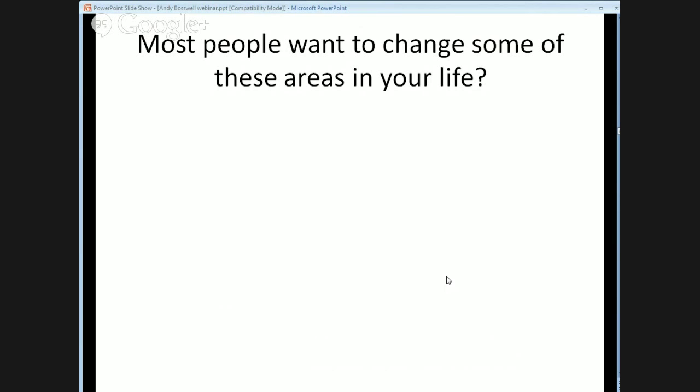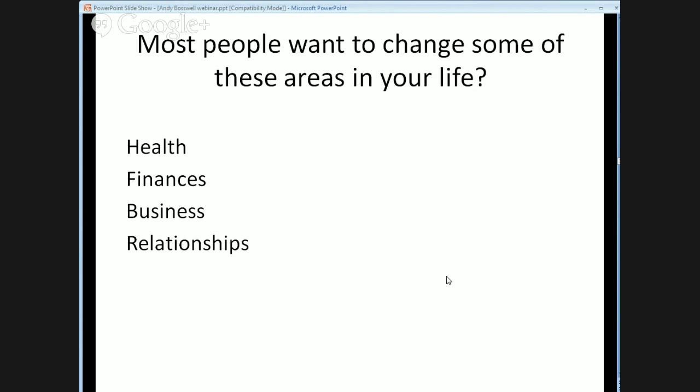Okay, so most people want to change some of these areas in their life, or even all of these areas in their life. Think about yourself. Would you want to improve your health? Do you want to change your financial situation? What about your business? Is it where you want it to be, or do you want it to grow more?